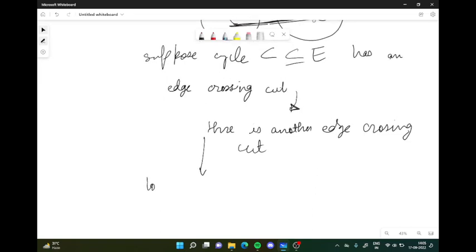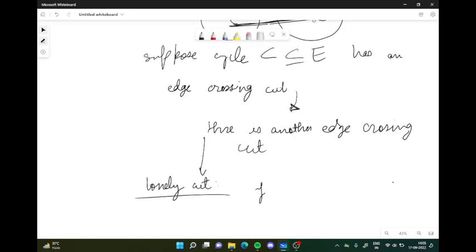So let me write that. I think that's the one which is more important. Lonely cut. This means that for every cut, if there is only one edge crossing that cut, then that edge cannot be part of a cycle. Because if it were a part of a cycle, there would have been another edge crossing that cut, but there is only one edge crossing that cut.